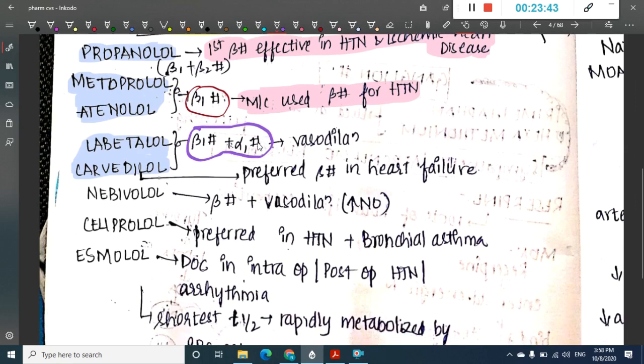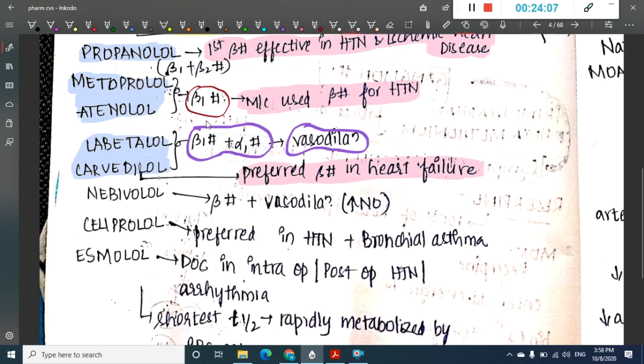Alpha 1 is present on the peripheral blood vessels and causes vasoconstriction. Once this alpha 1 receptor is blocked, it causes vasodilatation. Carvedilol is the preferred beta blocker in heart failure.